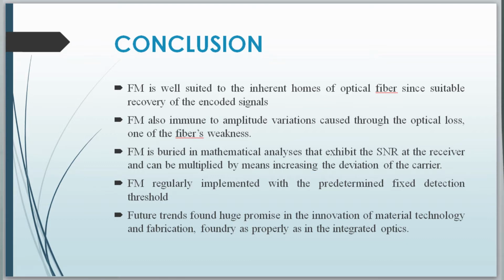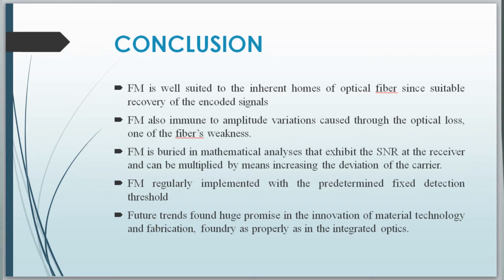The heart of the FM modulator revolves around a high-frequency carrier, and instead of altering the amplitude of the carrier, the frequency of the carrier is modified in accordance with differences in the signal amplitude.